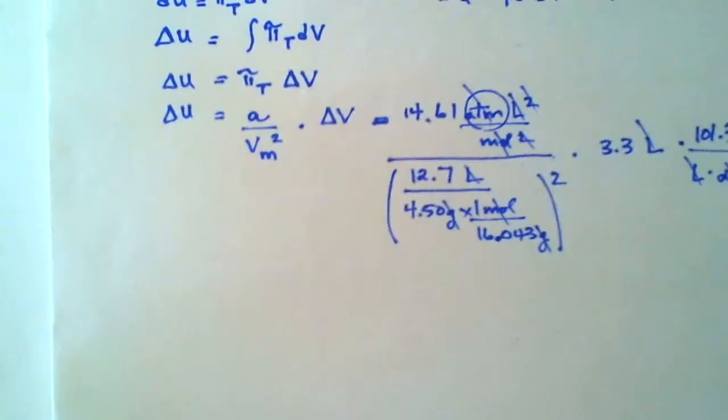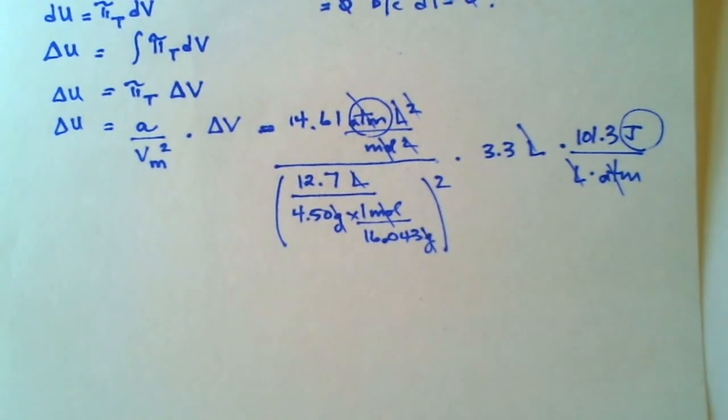That's my number of moles, in case I need it again. And 12.7 divided by that 0.28 is the 45.28. That's my molar volume. So now I need to square that.